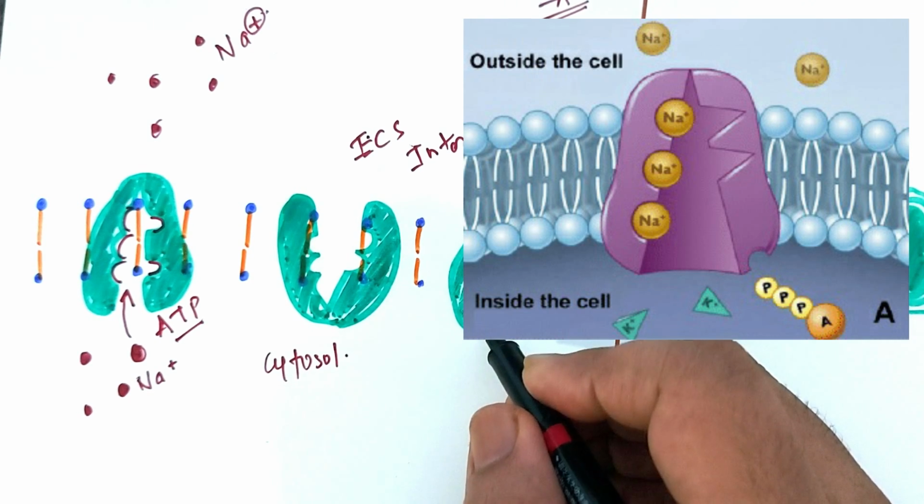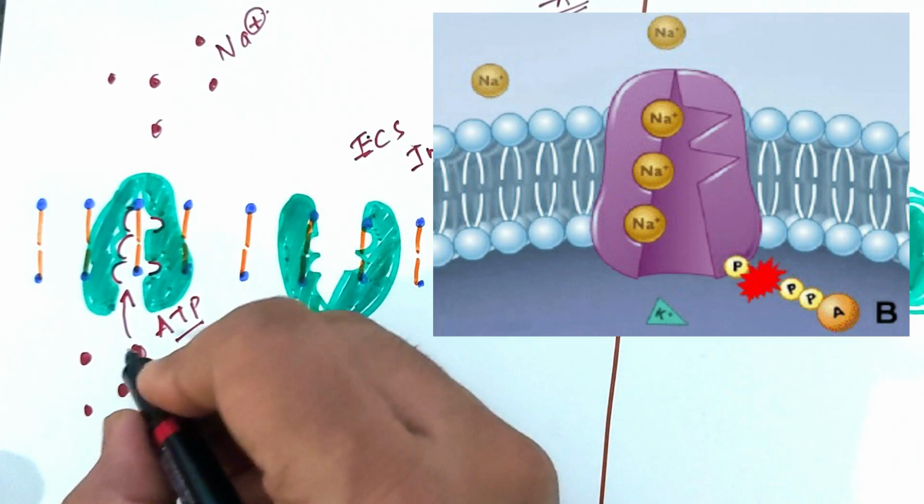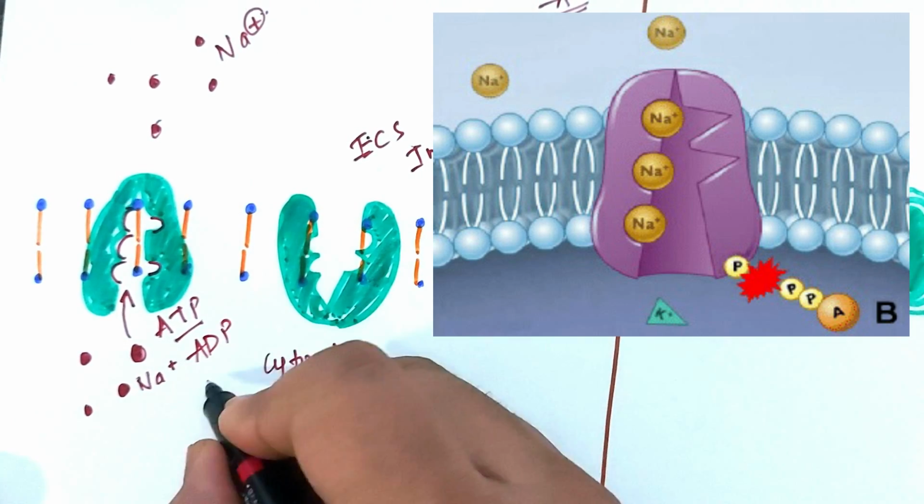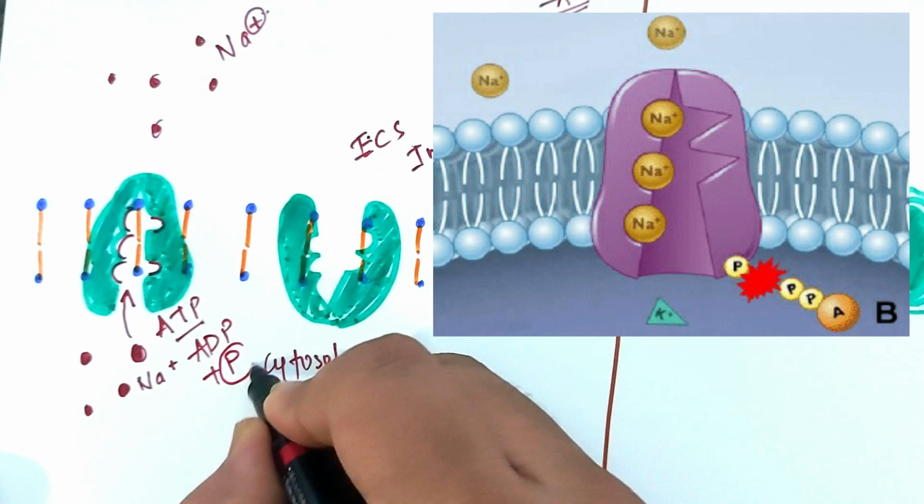Now what ATP does is, ATP will break down into ADP plus phosphate.